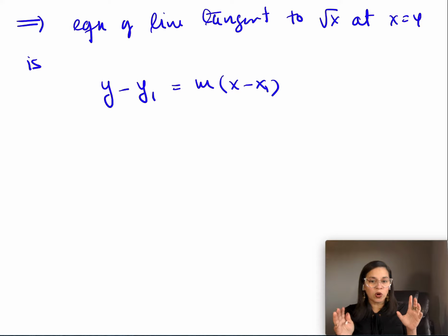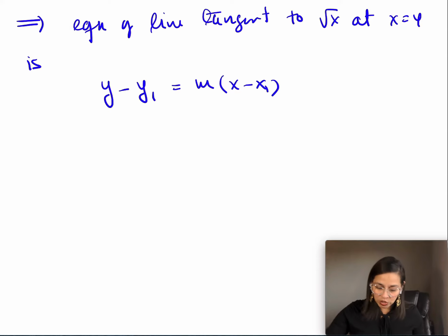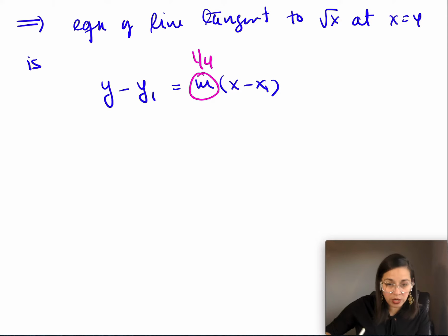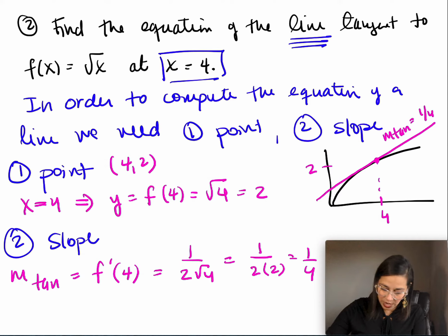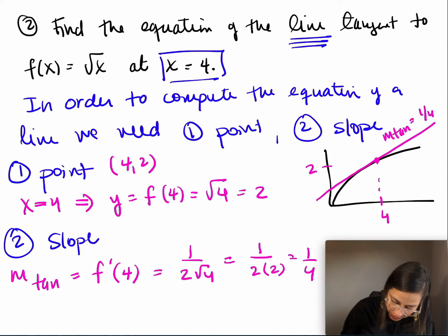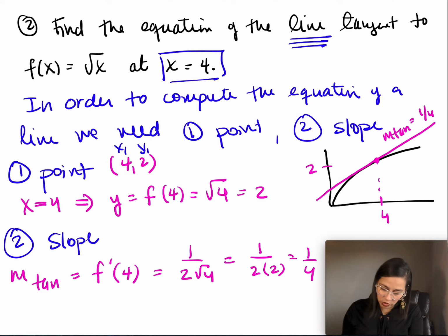You know the formula. Now this is the slope, the slope of the tangent line, which is 1 over 4. And then the point is 4, 2. So if I'm going to use the same variables, this is my x1, y1. So 4, 2.